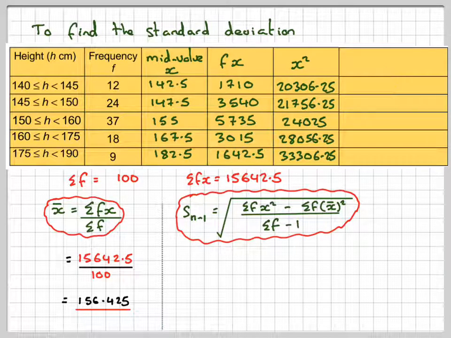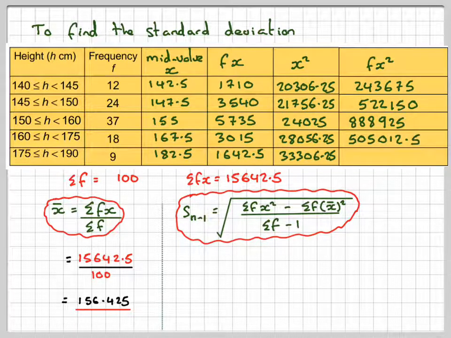Okay, and then we need to fill in the last column, which is going to be fx squared, because that's what you're going to need in the formula. So you're going to do this one times this one, which gives 243,675, then 24 times this, and then carrying on, you get these numbers here, so quite large, and then you add these up.